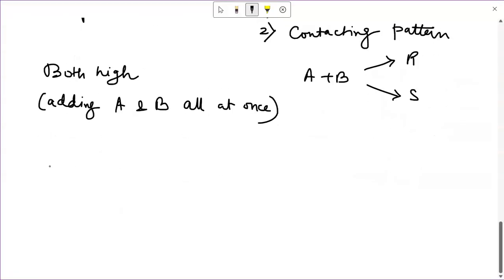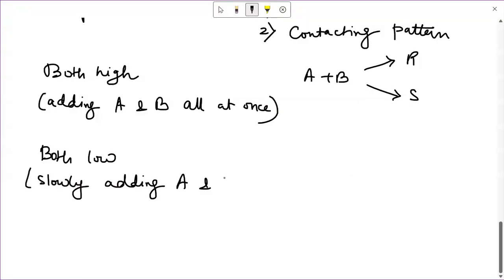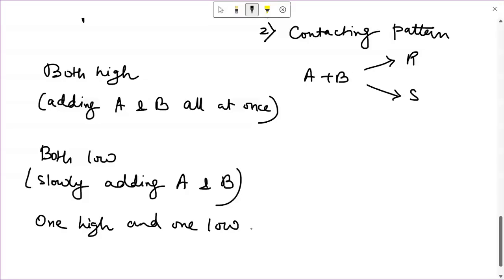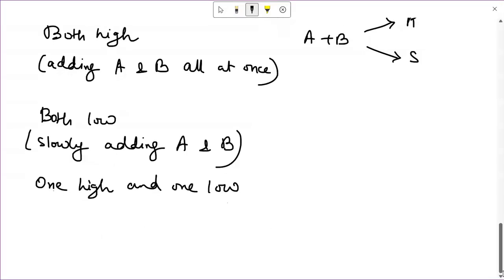Another configuration can be both are low, that means slowly adding A and B. Another can be one high and one low. That means, let's say you have one of the components already present in the vessel in its entire amount, and you are slowly adding the other component. That creates a difference in contacting pattern.